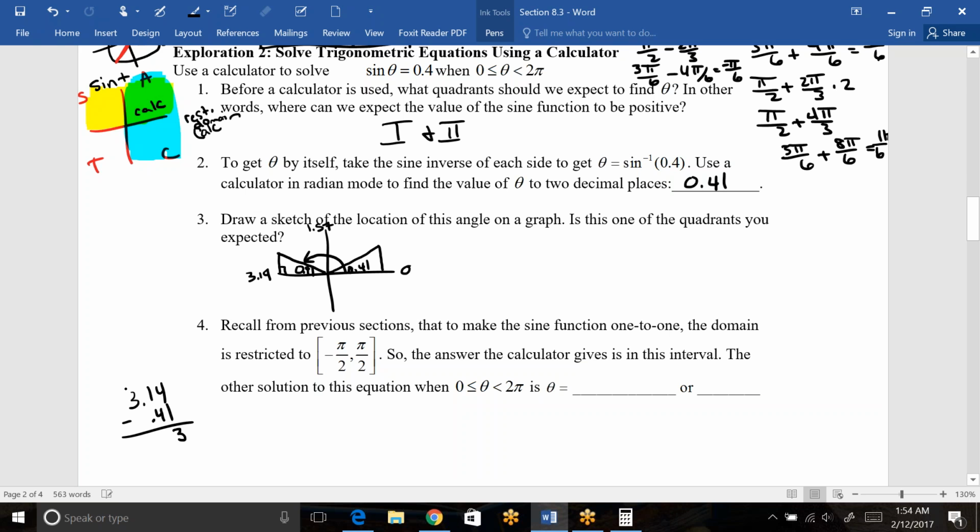So if we subtract, we get 2.73, which I got from 3.14 minus the 0.41. So that is my other possibility in radians on the unit circle from essentially 0 to 2 pi.